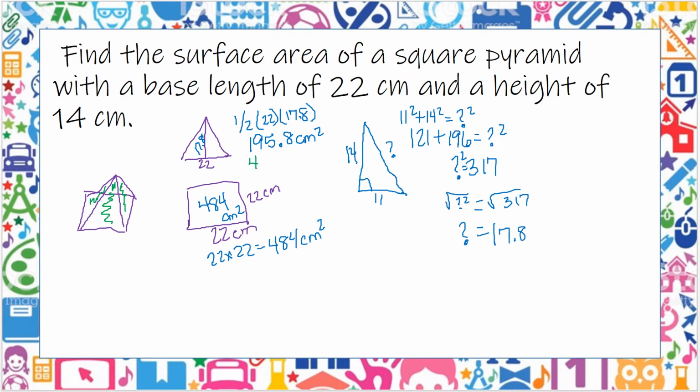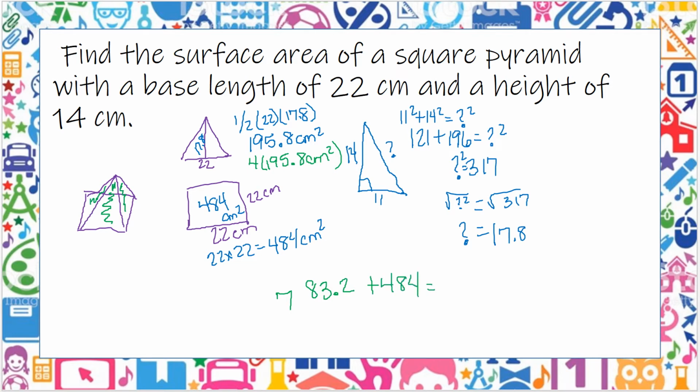So we're going to say 4 times 195.8, and we get 783.2. And we're going to add that to the 484 from the square.